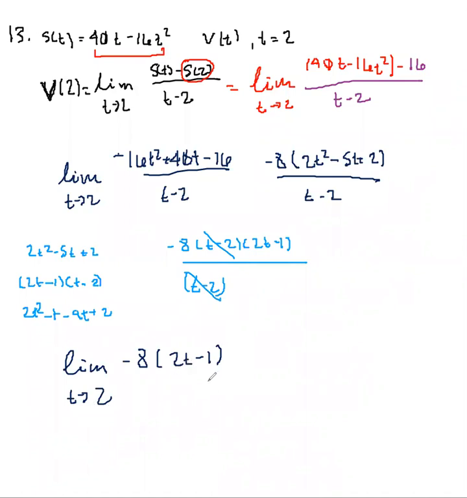Approaching 4 minus 1 will be approaching 5. No, that's adding 1. Minus 1 is going to be approaching 3. And then 3 times negative 8, we end up with negative 24. So what we've done here is we've said that v of 2 is equal to negative 24.